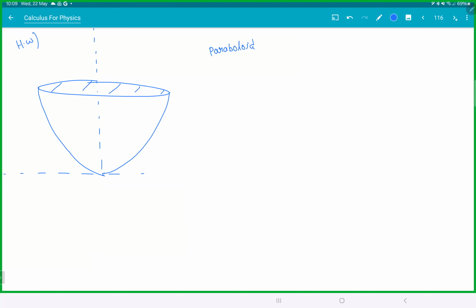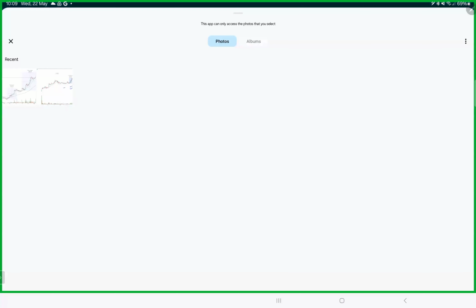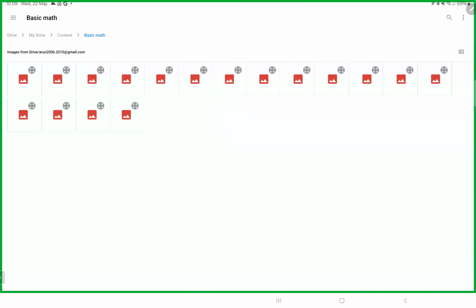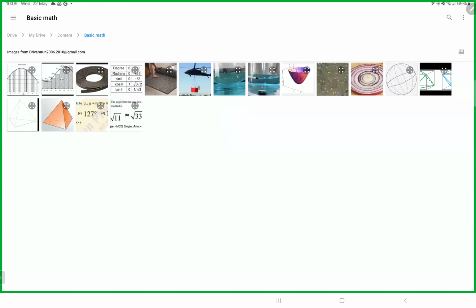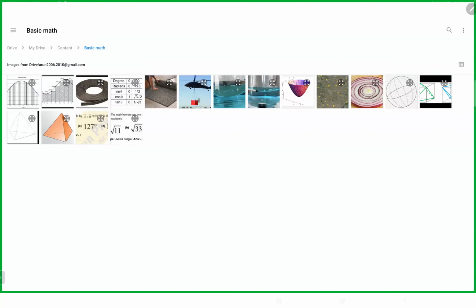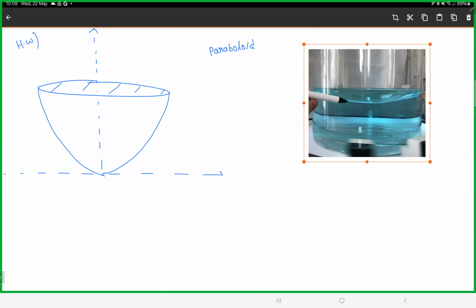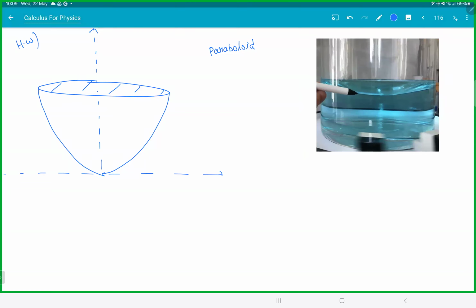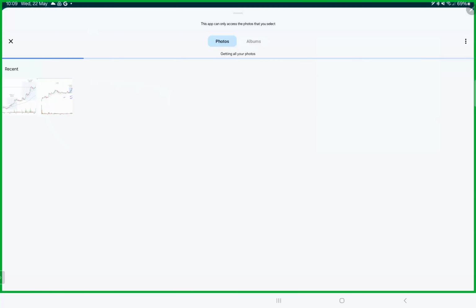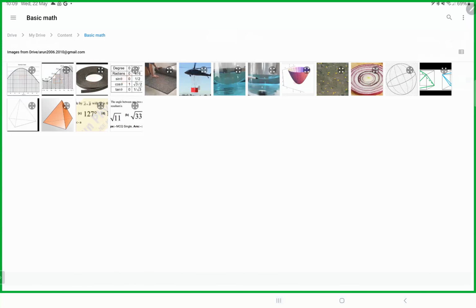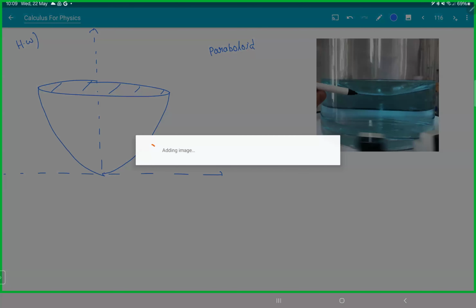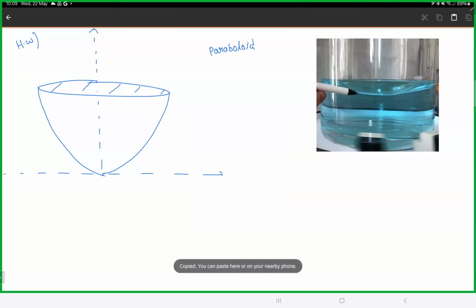You have seen this shape, you just don't remember it. Did you ever rotate water in a bucket?